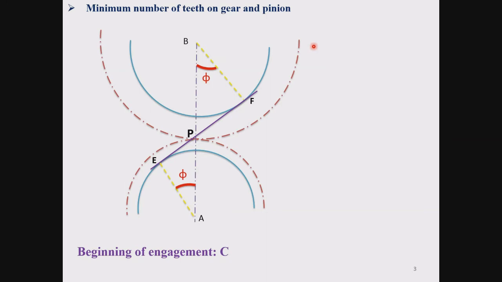Done. Now we will show the beginning of engagement. Where does engagement start? Engagement begins where the addendum circle of driven gear intersects the pressure line. So now we will draw the addendum circle of driven gear.